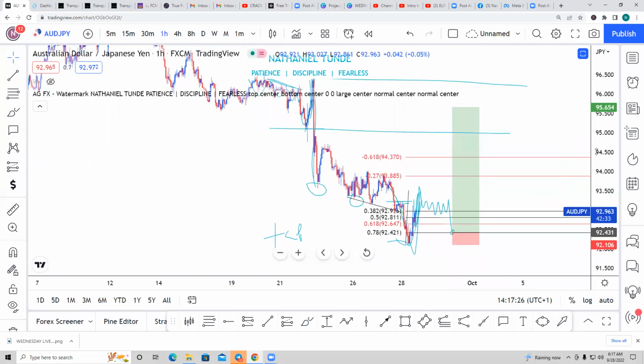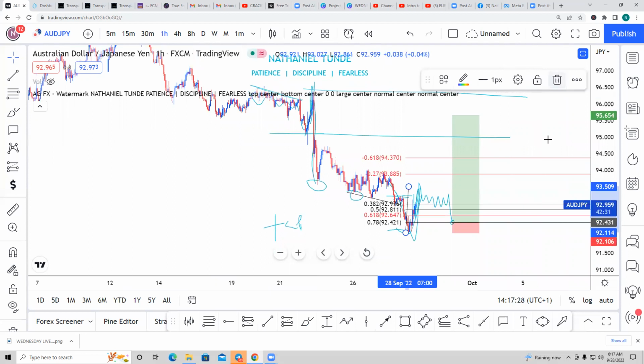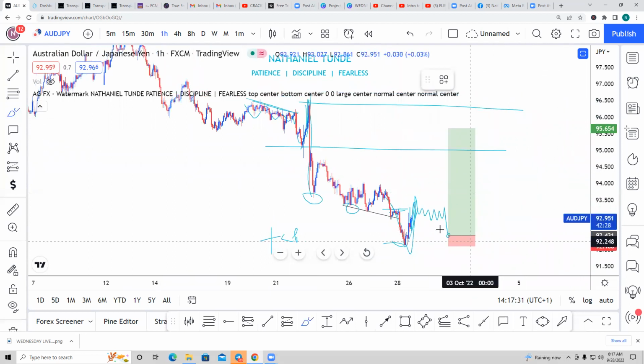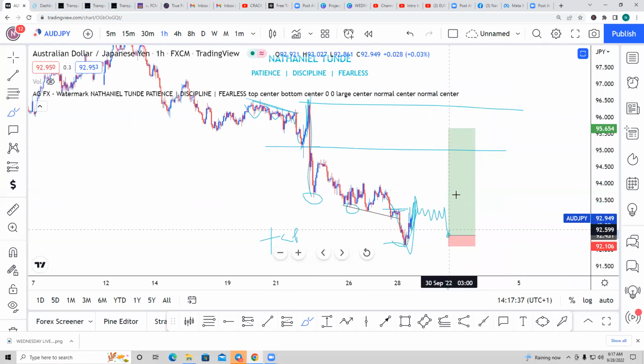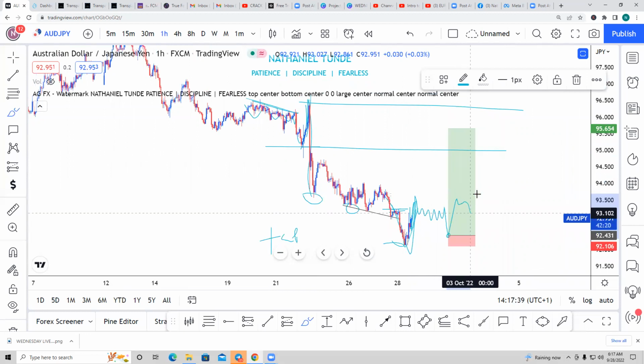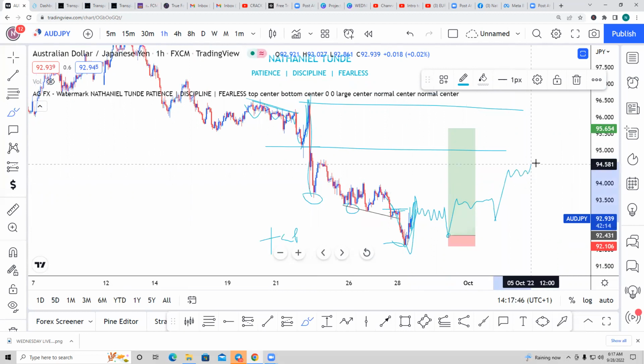To spot the exact level where it's going to return, watch the structure. It may be making a correction like this: push, break structure, corrective structure, push down, tap liquidity at demand, make a move up, corrective structure. Instead of tapping liquidity at demand this time around, it taps liquidity at supply.